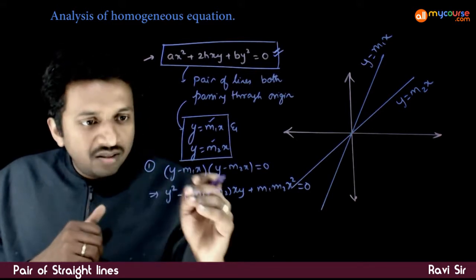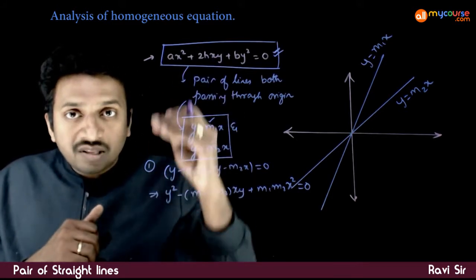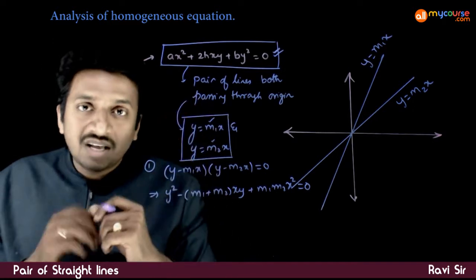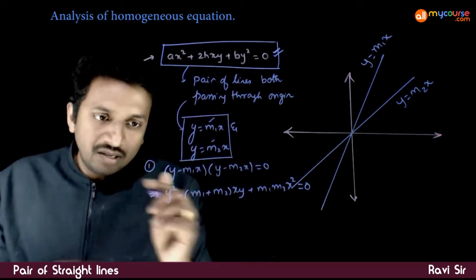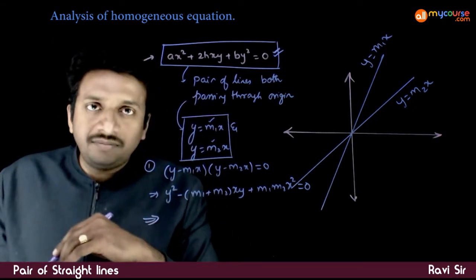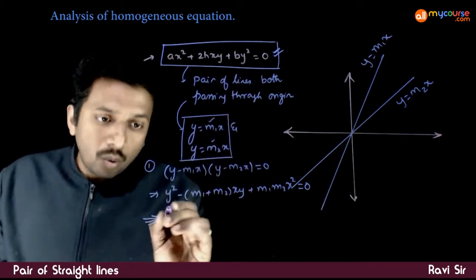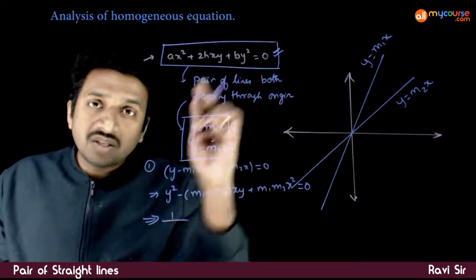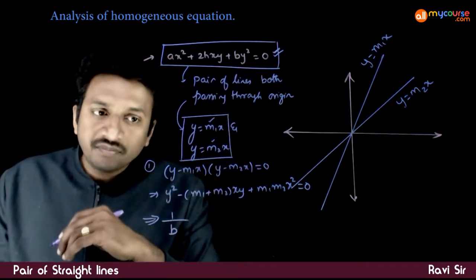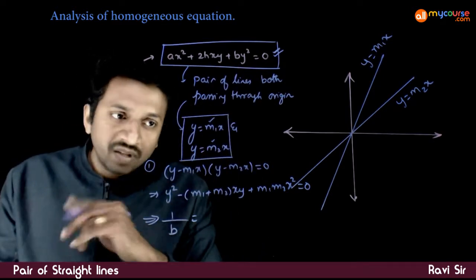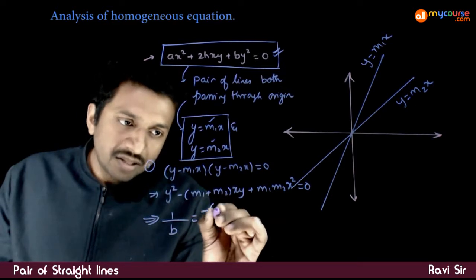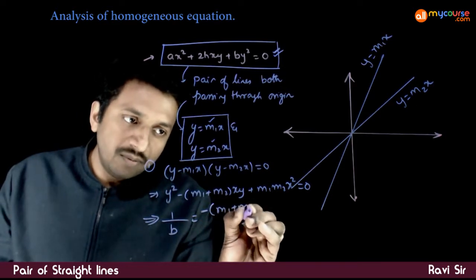That means the coefficients of the corresponding powers have to be proportional. So this implies what is the y square coefficient here? 1 divided by what is the y square coefficient here? b, is equal to what is the xy coefficient here? Minus of m1 plus m2.